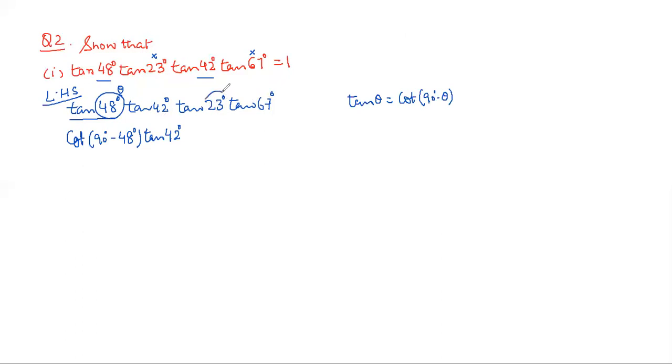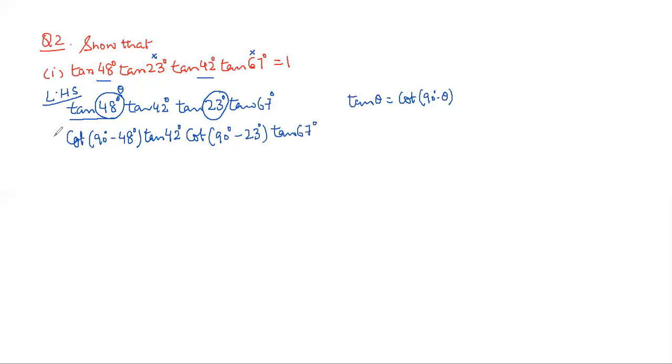Now these two again are complementary, so I will change one among them. Suppose this time I'm taking this as theta, so I'll write tan theta is equal to cot 90 minus theta. Since I have changed this one, I have to copy the next one as it is, tan 67 degrees.